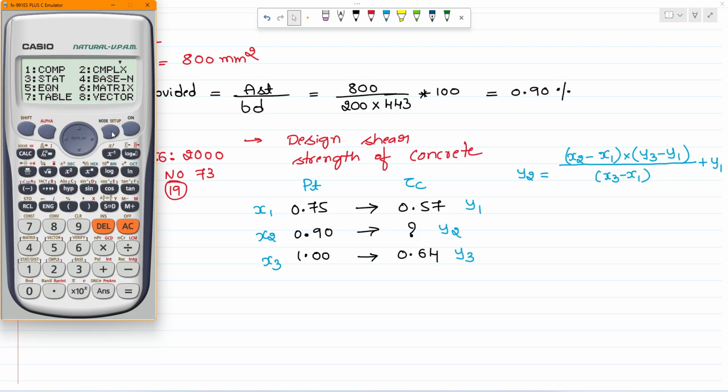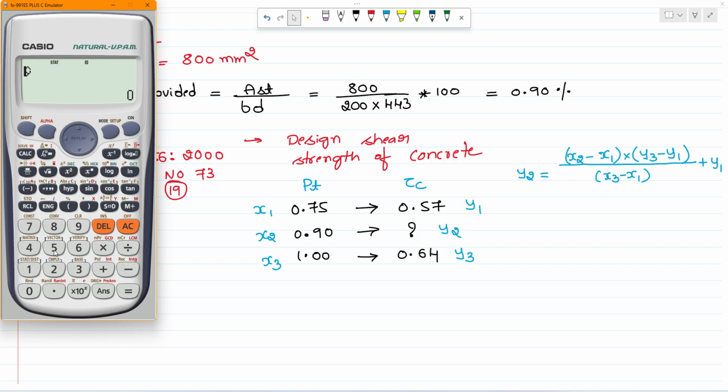First mode, go to statistics 3 and you select 2. You feed the table: 0.75 and 1 in the first column, and the second column will be 0.57 and 0.64. Next you press on, then shift 1. You select regression, so 5.